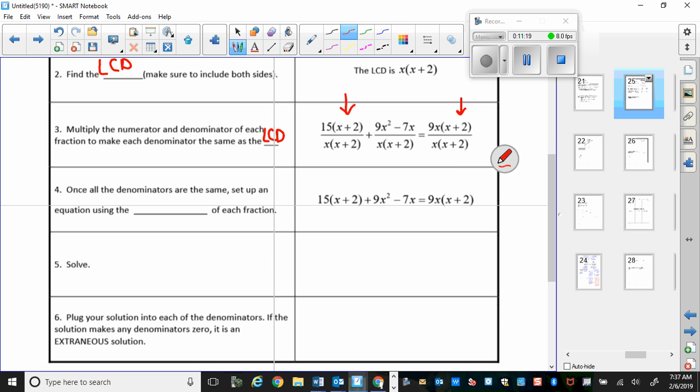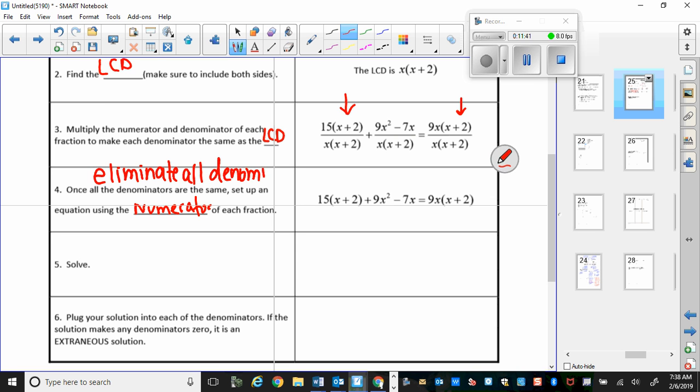Once all the denominators are the same, set up an equation using the numerator of each fraction. So we're going to use the top of each fraction. And essentially what I said before, basically what they're saying, eliminate all denominators.